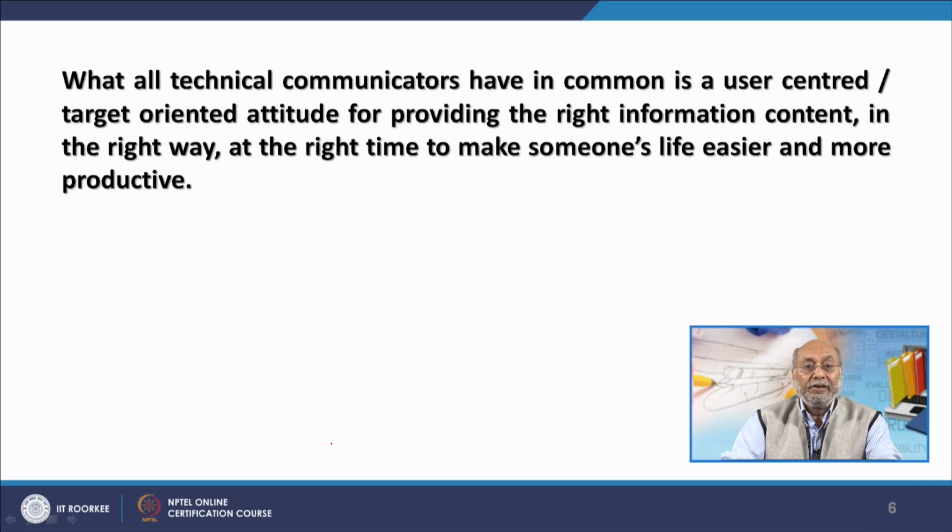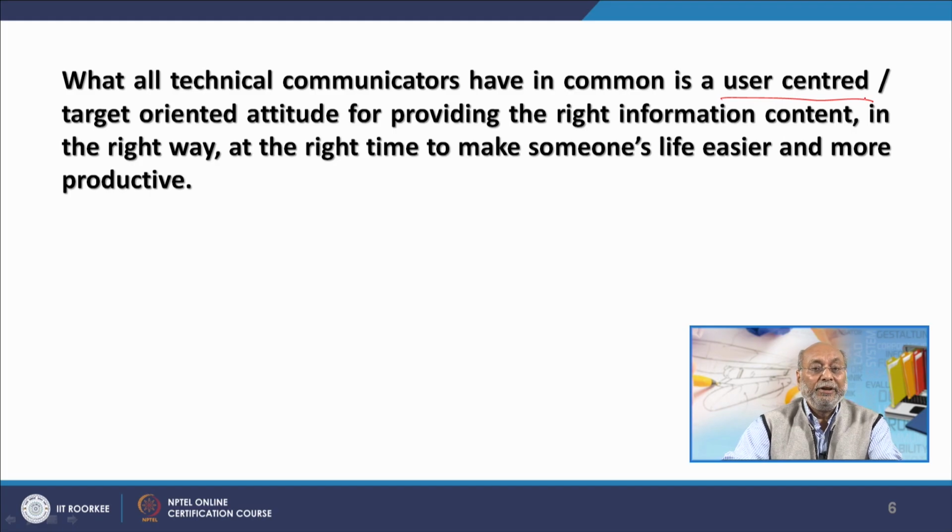So, what do technical communicators have in common in being user centered? They think about the audience: who is going to read their manuscript, who is going to use their product. So it is user centered, target oriented, and an attitude of providing the right information content in the appropriate way, at the right time, to make someone's life easier and more productive.